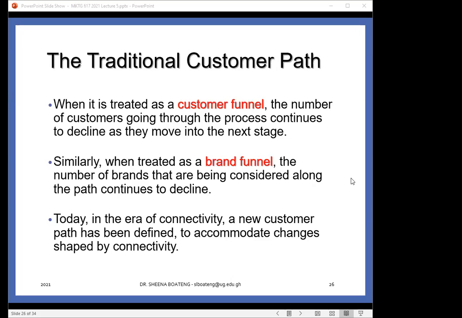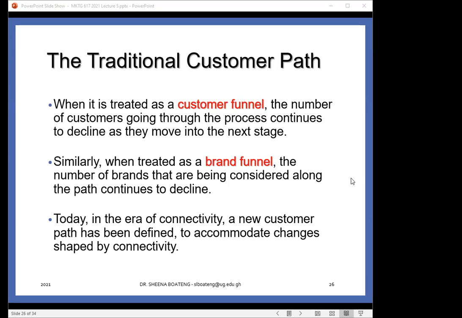Likewise, the attitude level customers are fewer than the ones you have at the act level. And the numbers you have at the act level are also fewer than the numbers you have at the act again level. Please, does it make sense? Yes. Good.